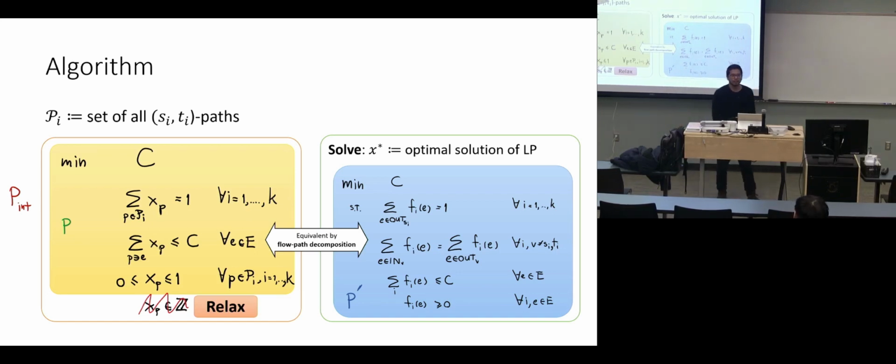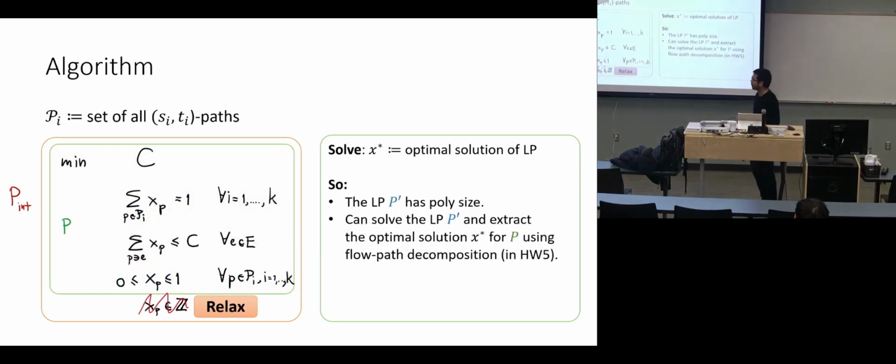Okay. So my point, that's not the big point of this lecture here. The point is that, even though this LP looks big, you can solve it in polynomial time. Okay. And you can just solve the LP P prime that we have seen instead.